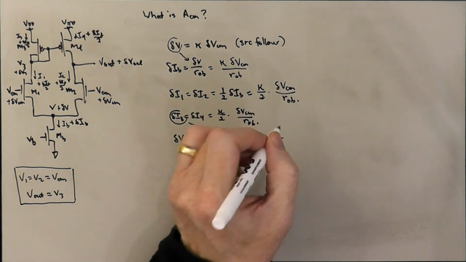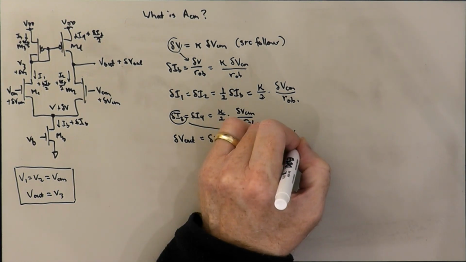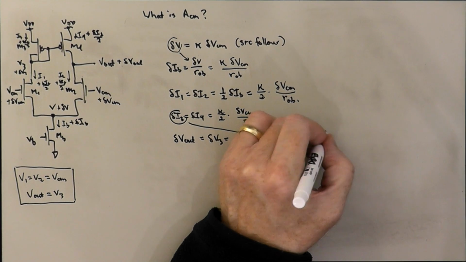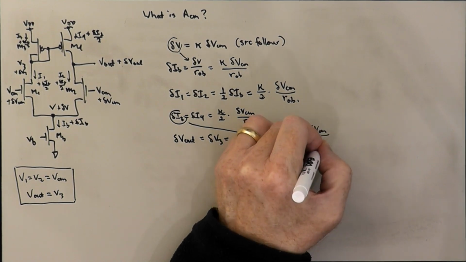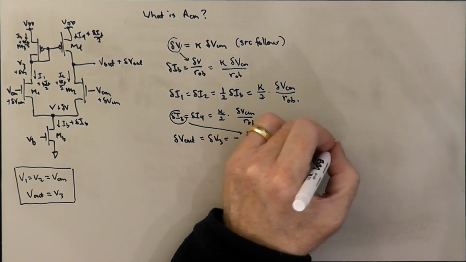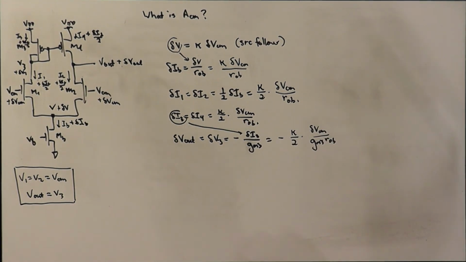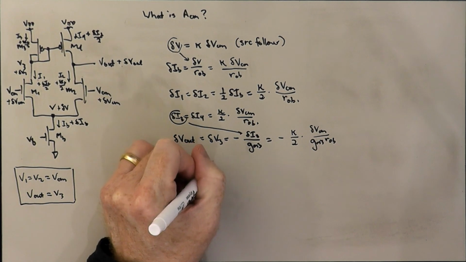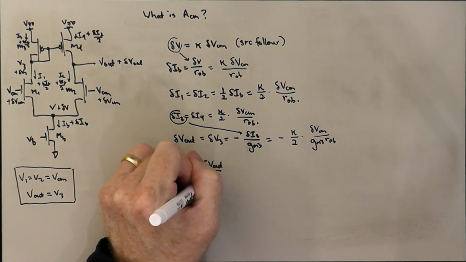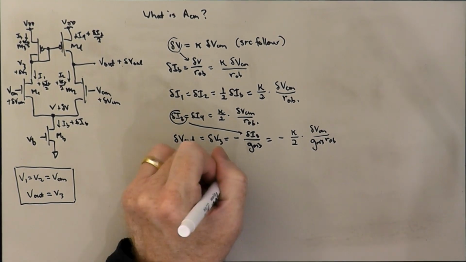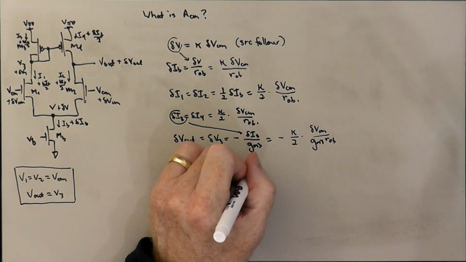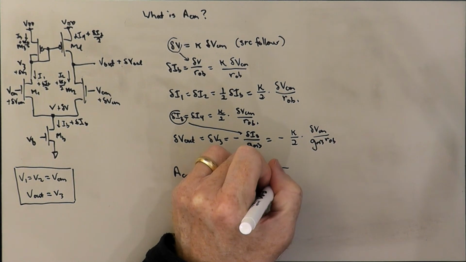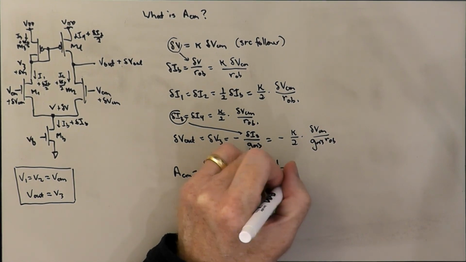So it's going to be minus kappa over 2 times delta VCM over GM3 ROB. And so ACM, which is delta V out over delta VCM, is going to be equal to minus kappa over 2 times 1 over GM3 times ROB.